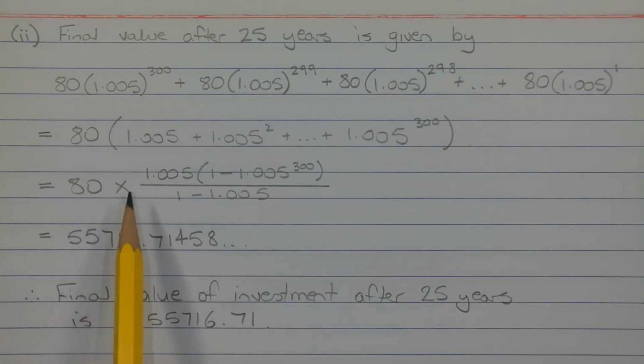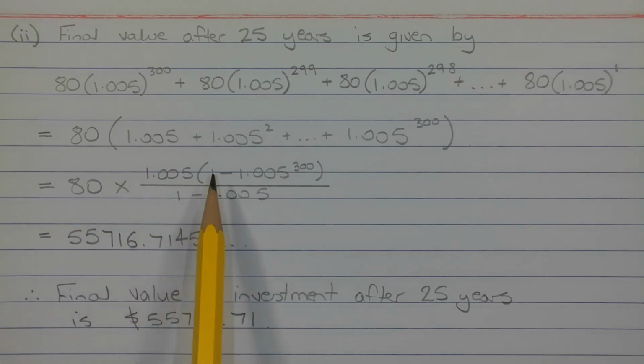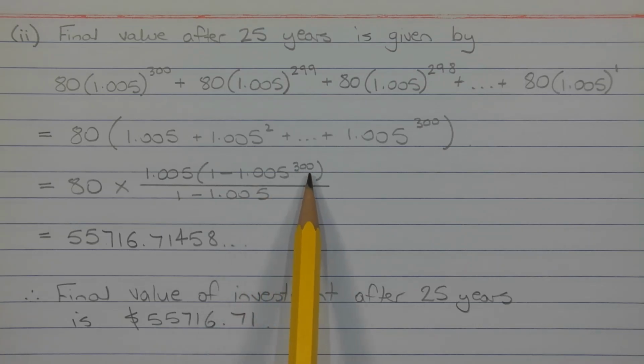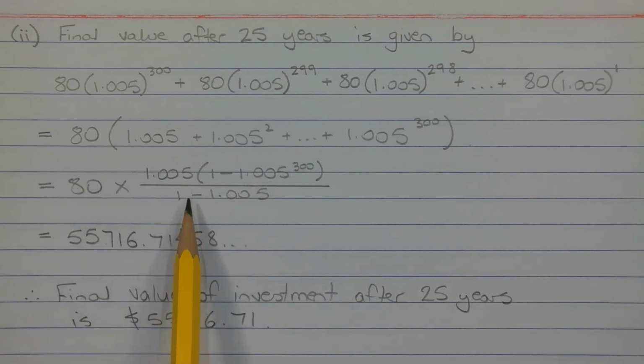We have 80 times 1.005 times, open bracket, 1 minus 1.005 to the power of 300, close bracket, all over 1 minus 1.005. And that evaluates to 55,716.71458 and so on. And we need to round this correct to 2 decimal places because it's a money value. Therefore, the final value of the investment after 25 years is $55,716.71.